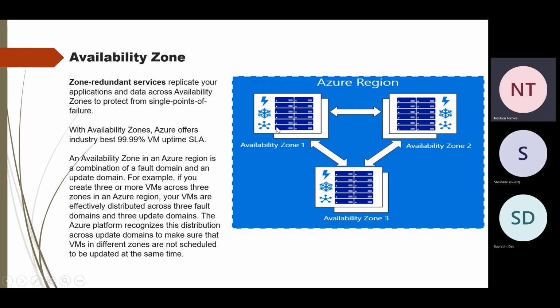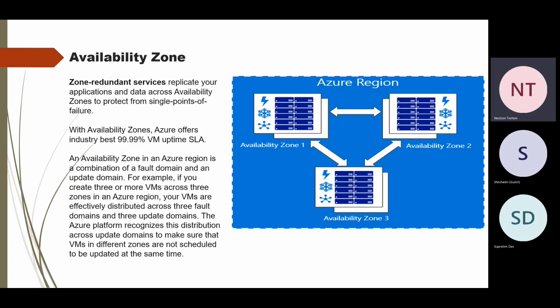If Azure is doing the maintenance activity in one of the racks, which represents a fault domain, then that fault domain is affected. But we have multiple fault domains, multiple racks, and our VMs are deployed across them.